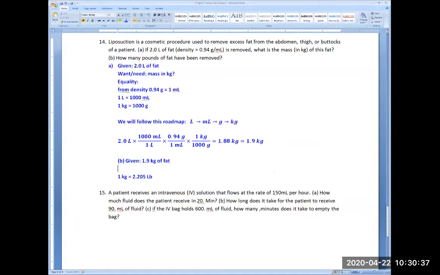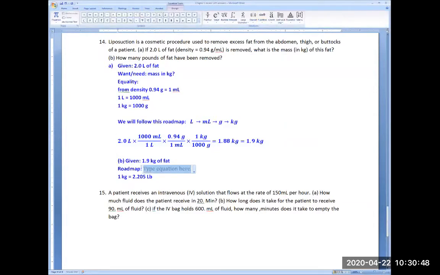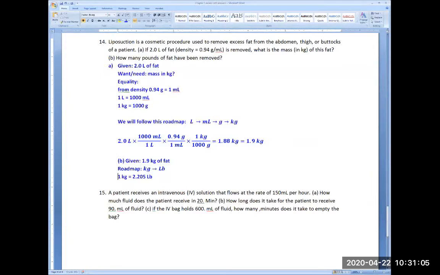So the roadmap looks like this. You start with kilograms, and you want to change that into pound. And we have a direct relationship between kilograms and pounds, so we can do it directly using this equality.